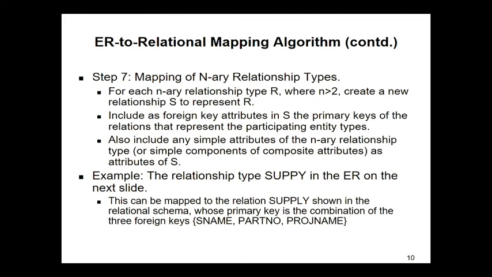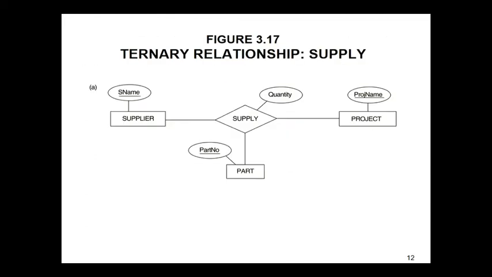It's going to be made up of the combination of the supplier name, part number, and the project name, so those are the 3 things that are going to cause this. An example: a supplier is supplying a given part for a project.